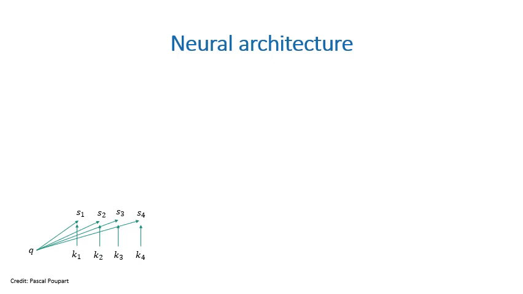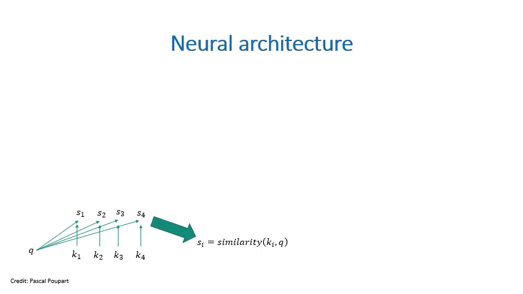So if I want to show everything that I said in this generalized definition of attention in a neural architecture, we have some keys and we have a query, and then we compute the similarity between these keys and query with a similarity function, and this similarity function could be different things.